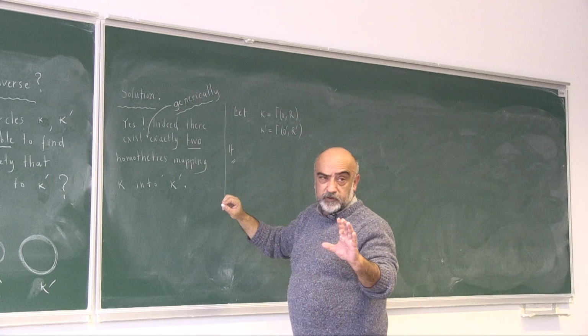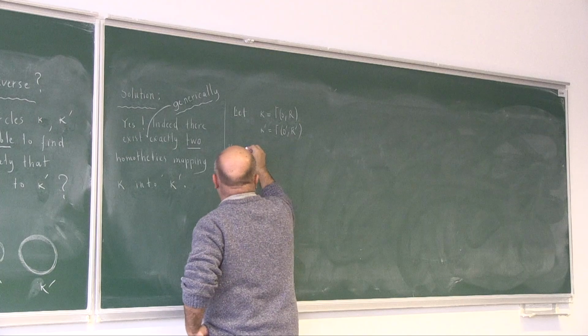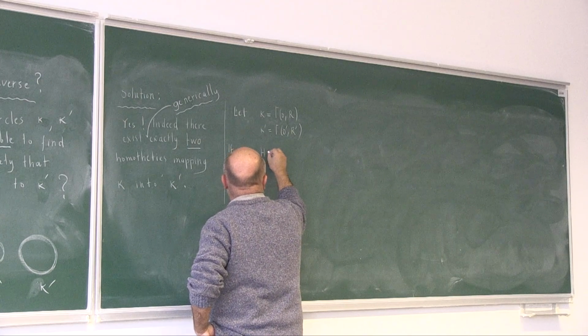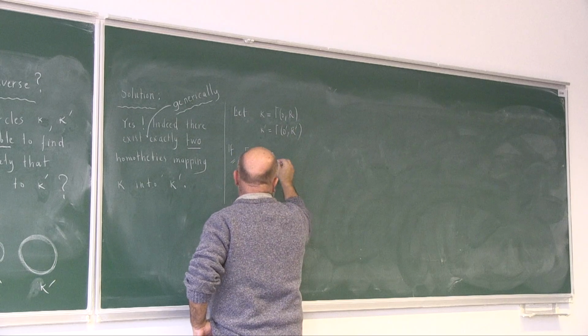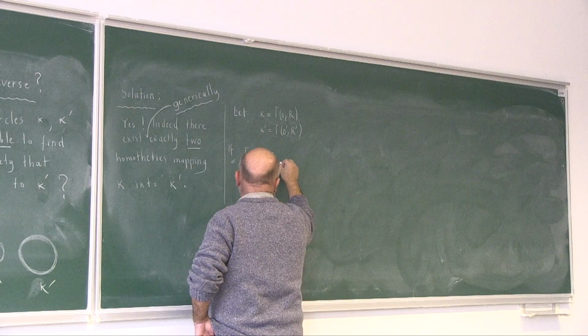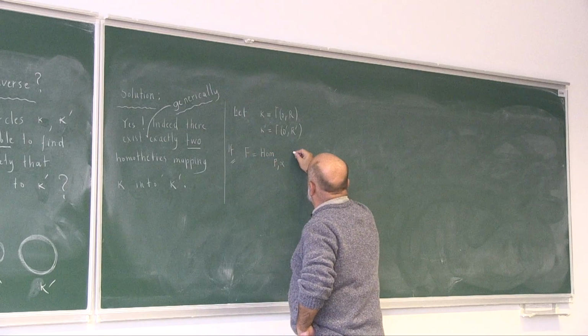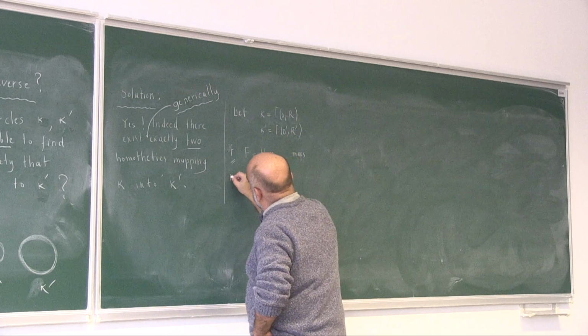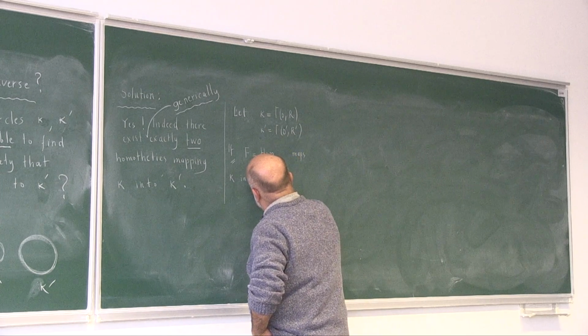Let me first show you the uniqueness. Let me call it F equals the homothetic. I don't know where the center is, P. I don't know what the ratio of similitude is, alpha. If this thing maps kappa into kappa prime, you can assure.